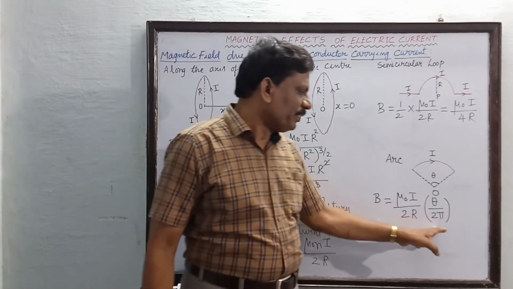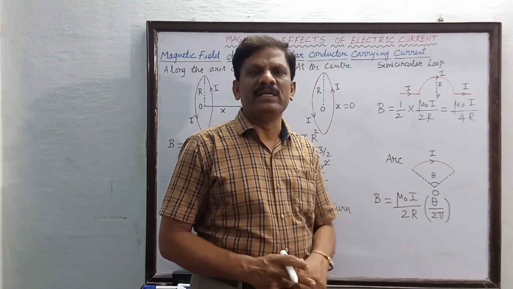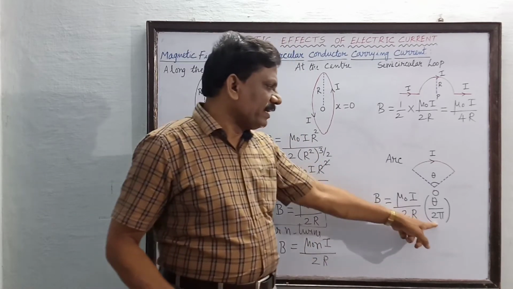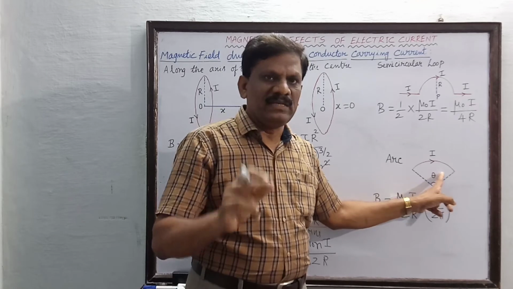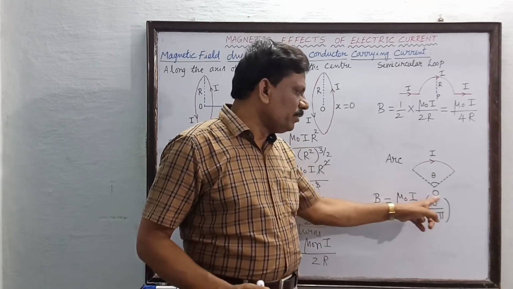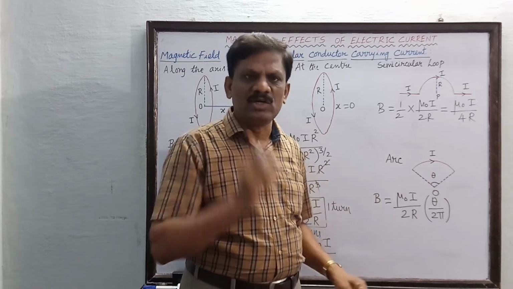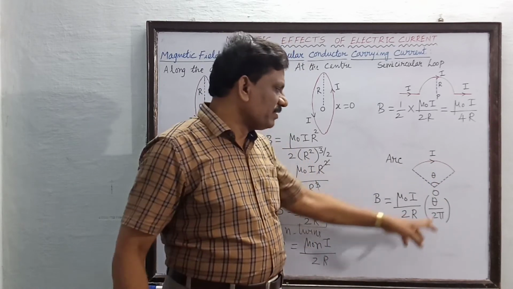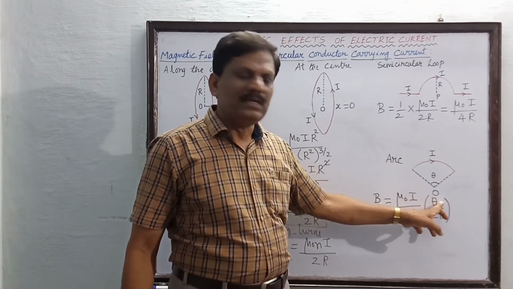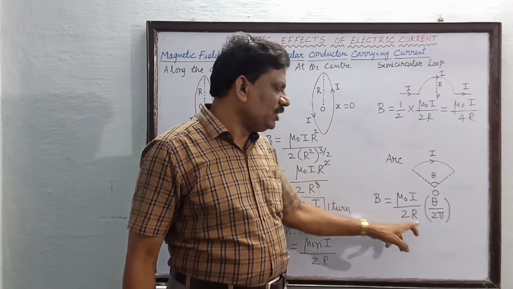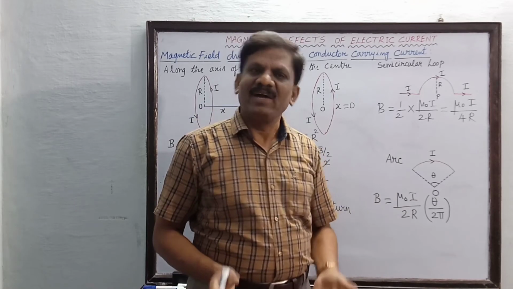This is also a repeatedly asked numerical in the IIT and the NEET. Take for example, if it is a full circle, then theta must be equal to 2 pi radian, is it not? So if you substitute theta equal to 2 pi, this 2 pi will be cancelled. Therefore we get mu naught I by 2R for a full circle. Have you understood?